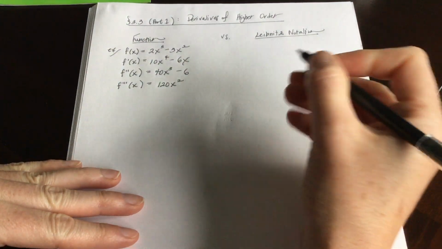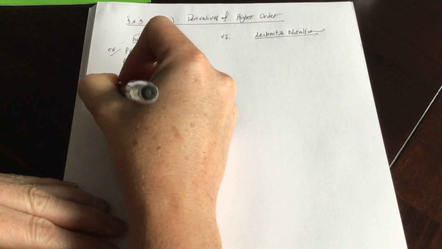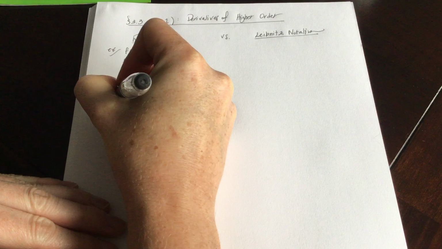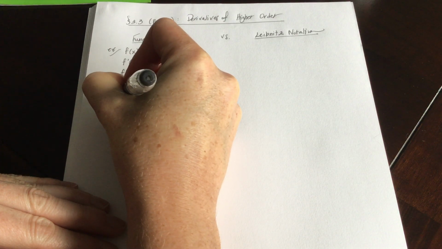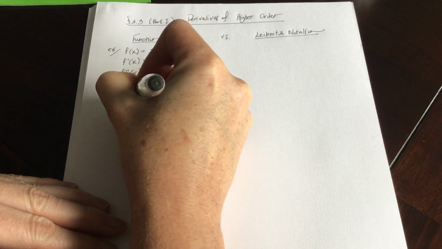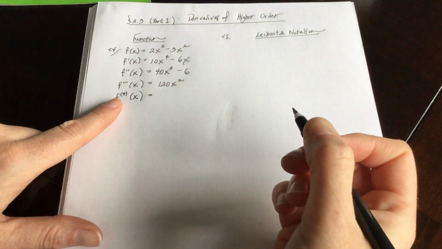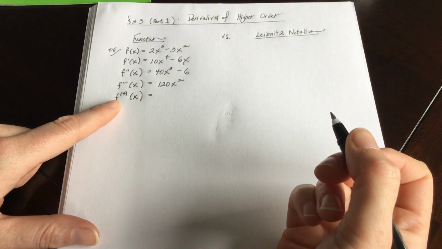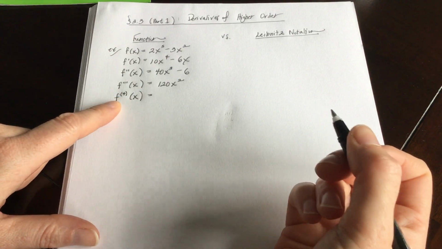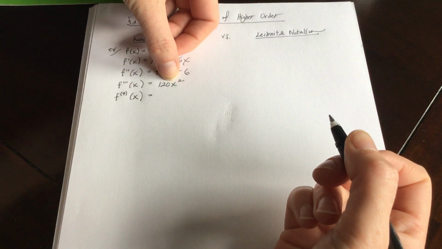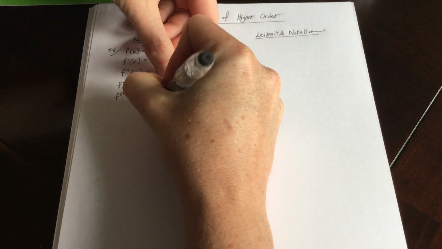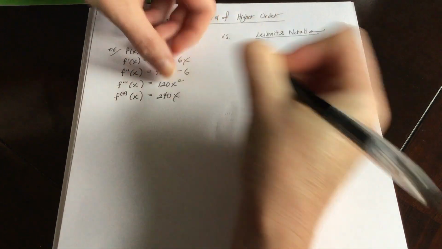So after 3, instead of using the prime notation, you'll see a change in notation. Right after the third derivative, they'll switch to the number of derivatives in parentheses. This would mean the fourth derivative of f with respect to x, and it just means that you take the derivative of the third derivative. So you would get 240x.